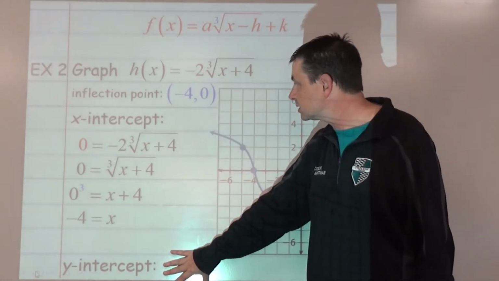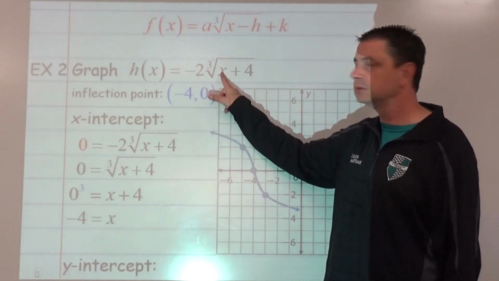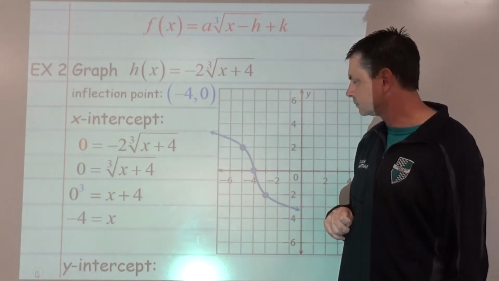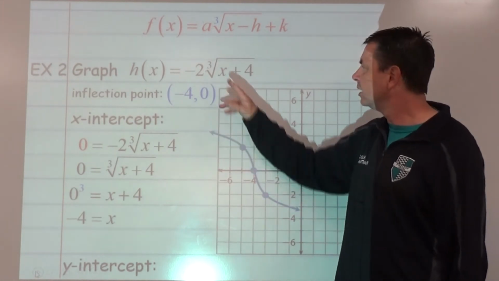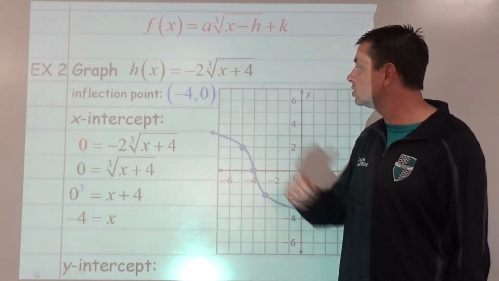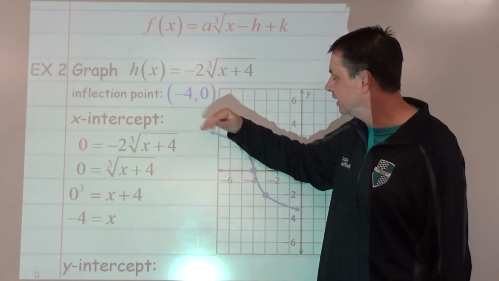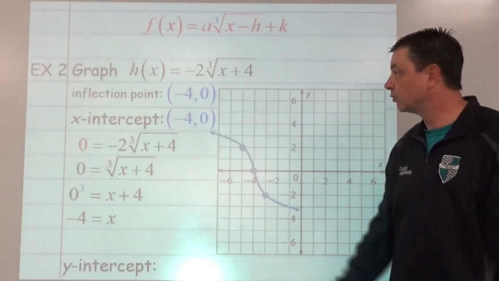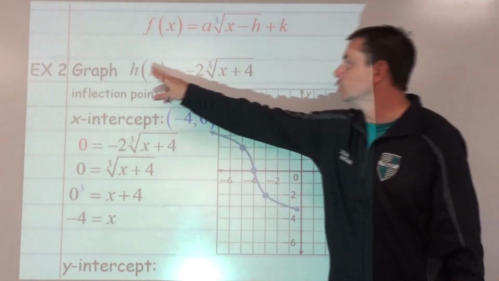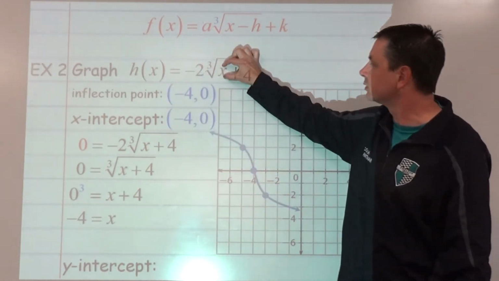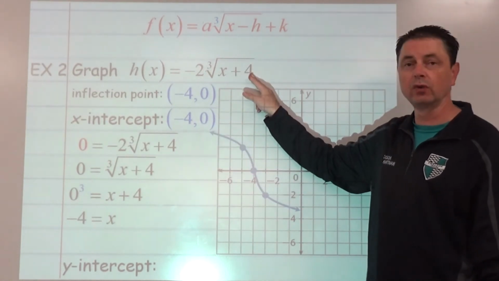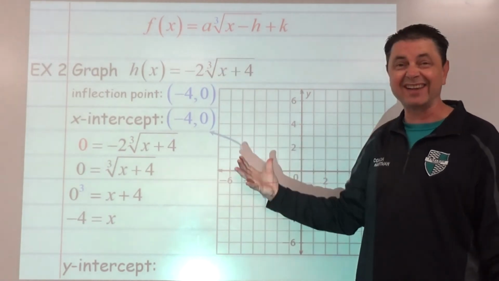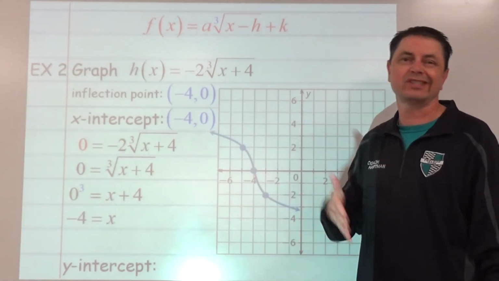The y-intercept, plug in a 0. So for our y-intercept, we'll just do h of 0, substitute in a 0. 0 plus 4 is 4. 4 is not a perfect cube, nor does it have any factors that are, besides 1.